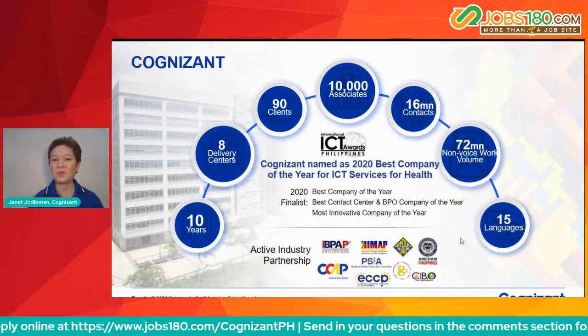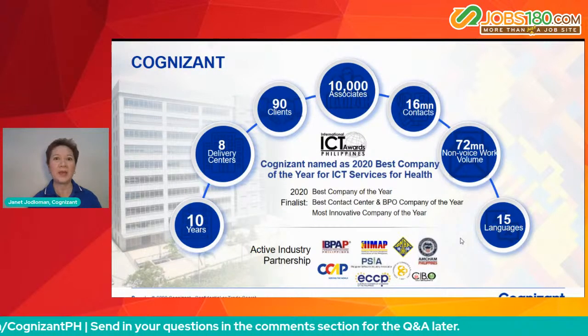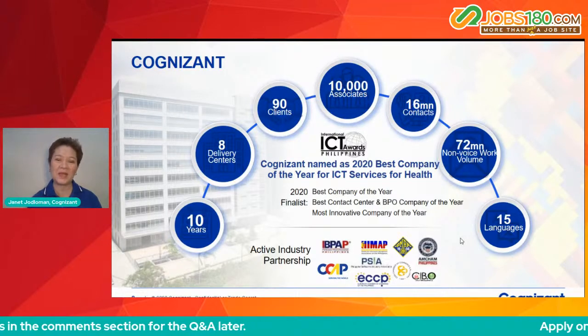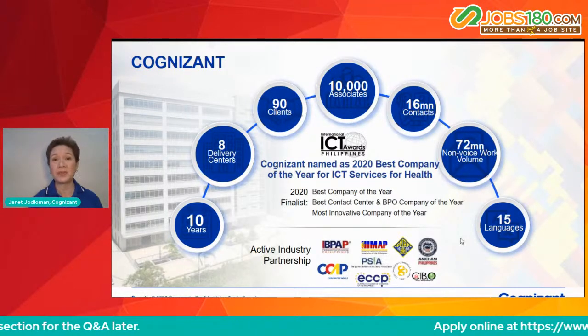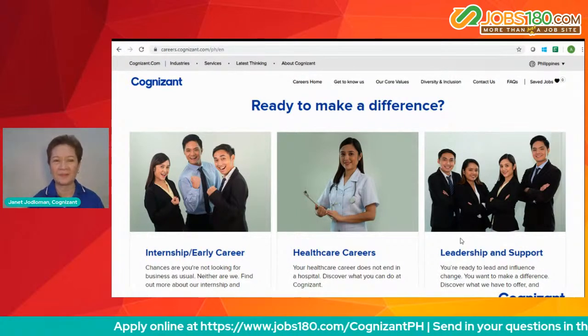We've won some awards, one of them the 2020 Best Company of the Year. We do have a lot of partnerships and several verticals, including healthcare, technology, retail, insurance, etc.